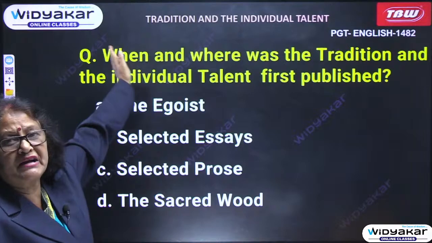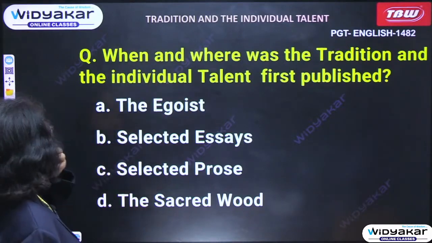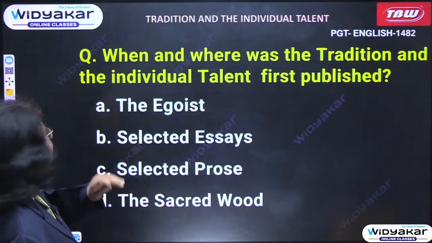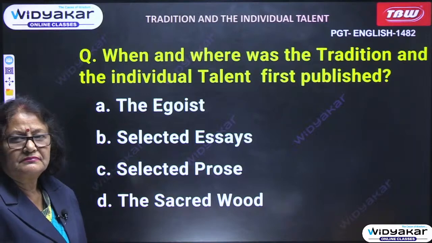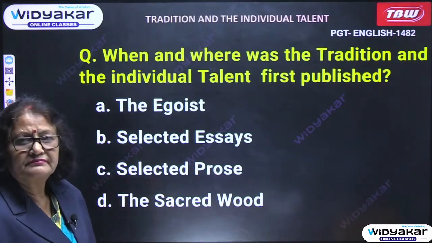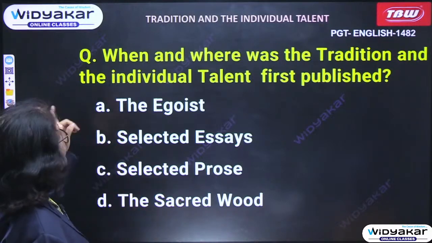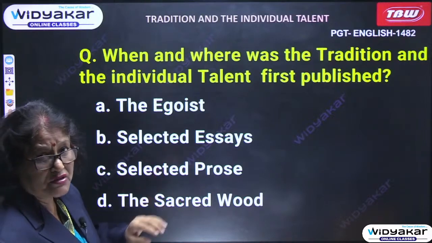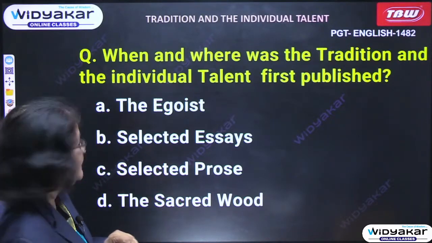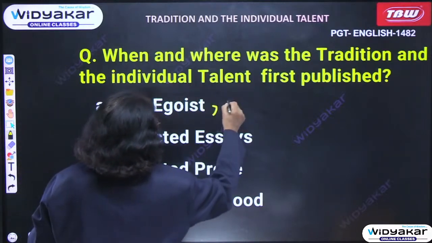Now let us come to Tradition and the Individual Talent. When and where was it first published? I said it in class on Monday. It was an essay by T.S. Eliot, first published in the Egoist in 1919.